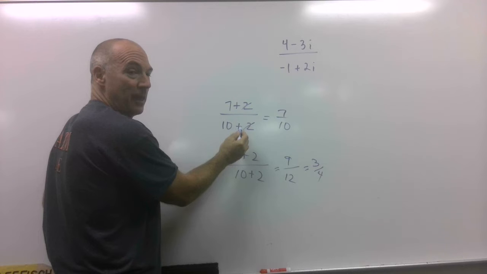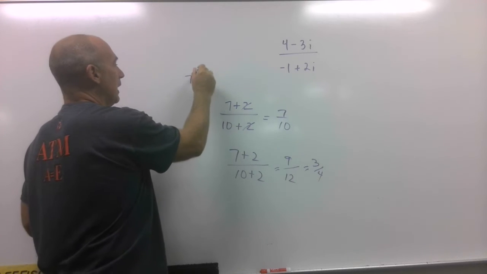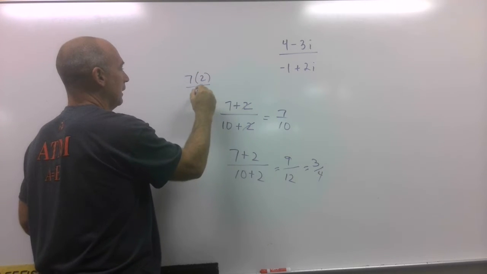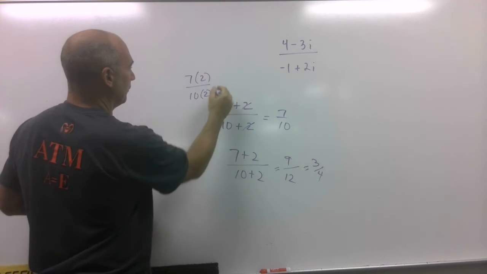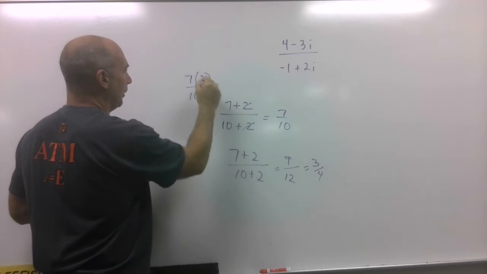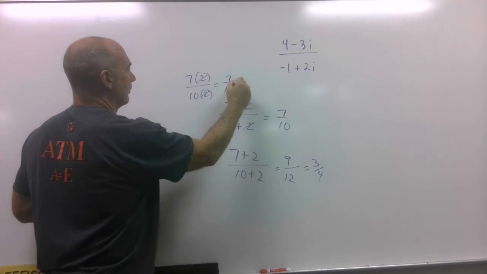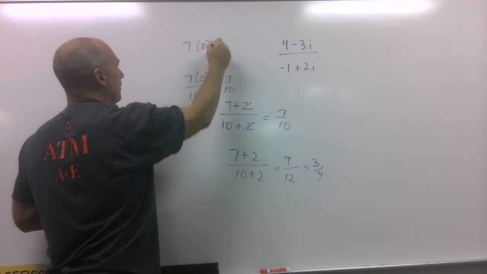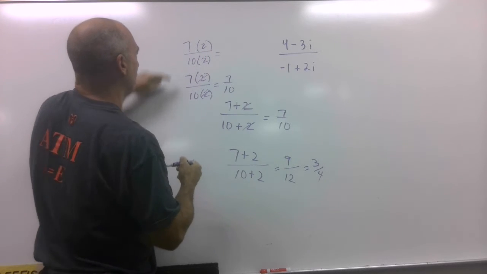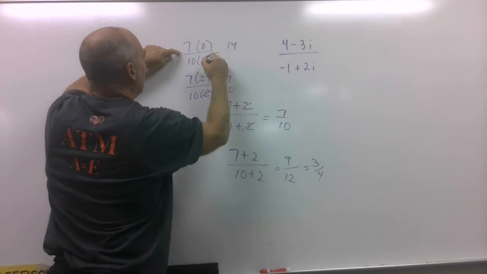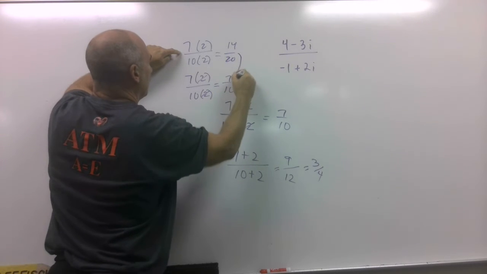Now some of you are like, well, I thought you could. That's when problems are written like this. See, if these are connected by multiplication, and I cancel them, I'd get 7/10. Now let me show you something. Because if I actually multiply them out, I get 14 over 20, which if it reduces, it goes there.